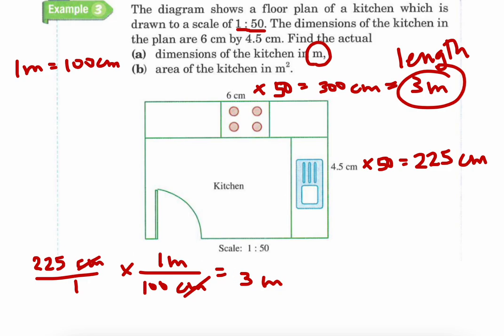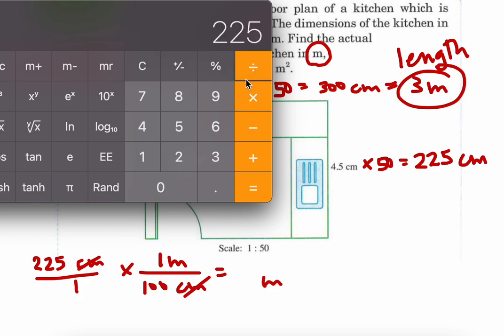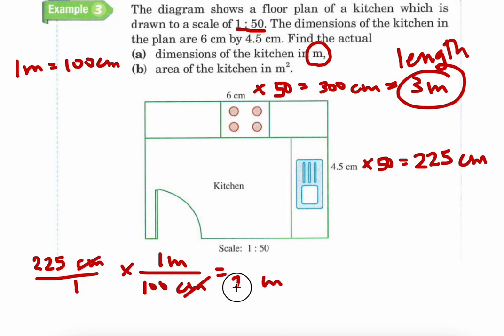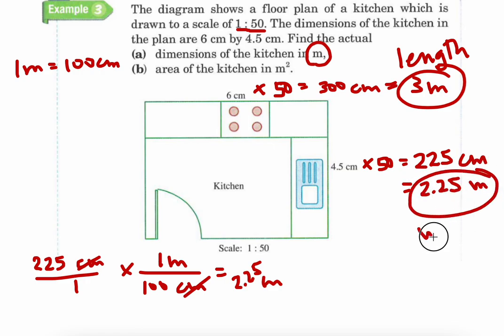So I'm really dividing 225 by 100. 225 divided by 100 is really moving it over 2 decimal places, so you get 2.25. Okay, so that's the same as 2.25 meters. That's the width. Okay, so that's your answers for A, the dimensions of the kitchen in meters.